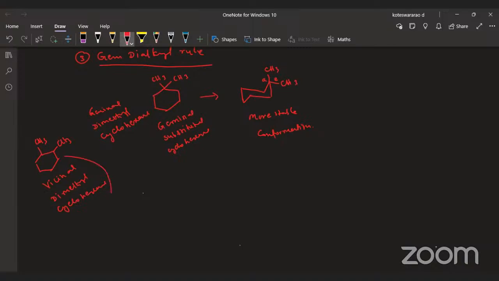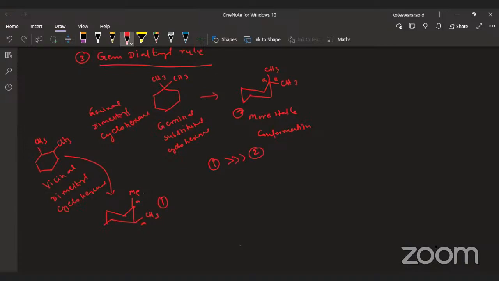The same applies for the vicinal. This is stable. Now, when we compare, the vicinal one is more stable than the geminal one.